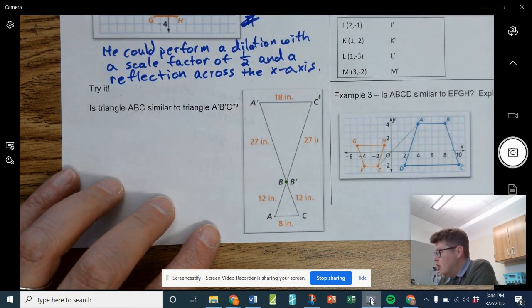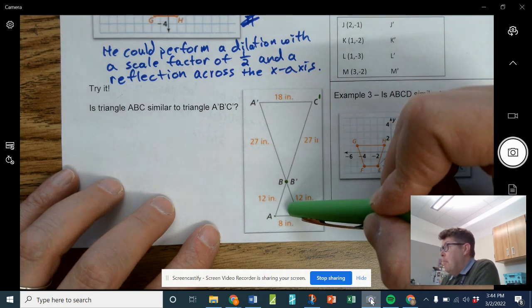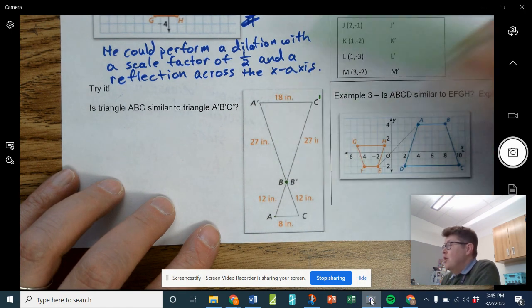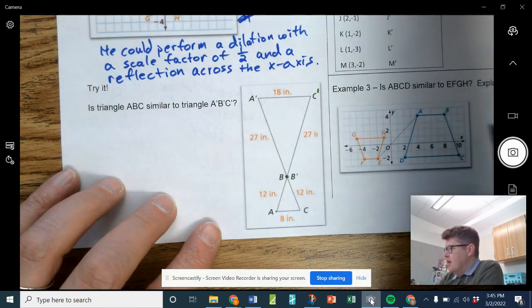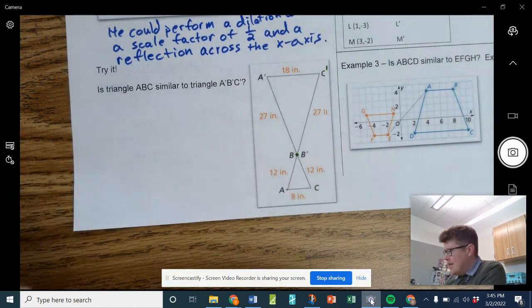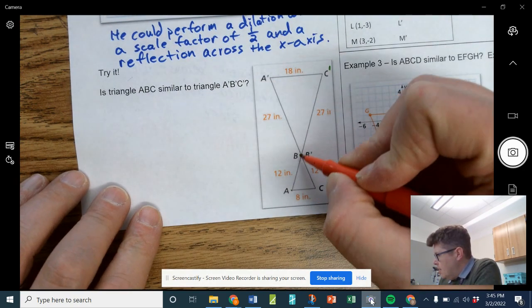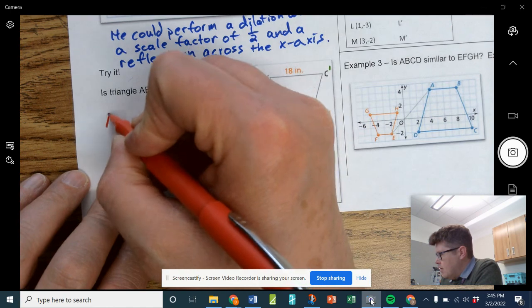So when we set up our ratios, we want to make sure that the original is on the bottom and the new one is on top because that'll give us the right scale factor. Okay, so this is going to be a little tedious to set up, but I can match the side AB, right?